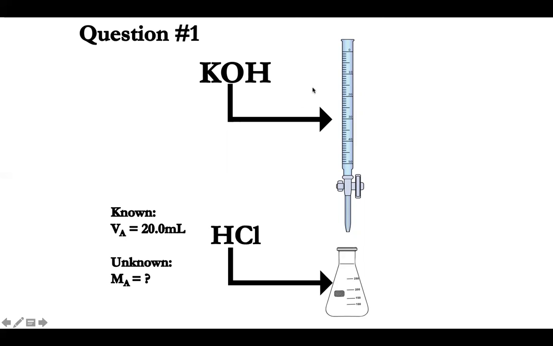Now, we do also know the molarity of this base. It's 0.50 molar. And we do know the volume because we filled it up to 32.0 milliliters. So let's set up this equation. First, we are going to take our known variables.